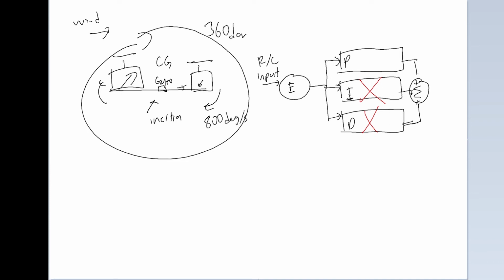Because we don't have the I and D portion, or we turn off the I and D, right now you only have a proportional controller. So it goes to the system, which is the motor, and inside the system you actually will then have a sensor, which is the gyro.